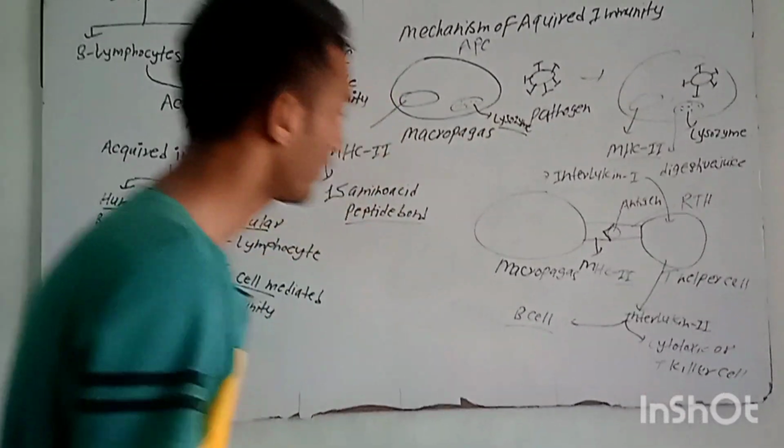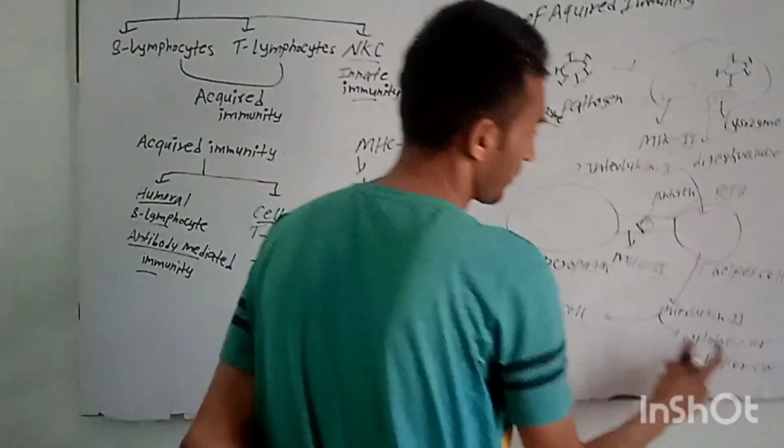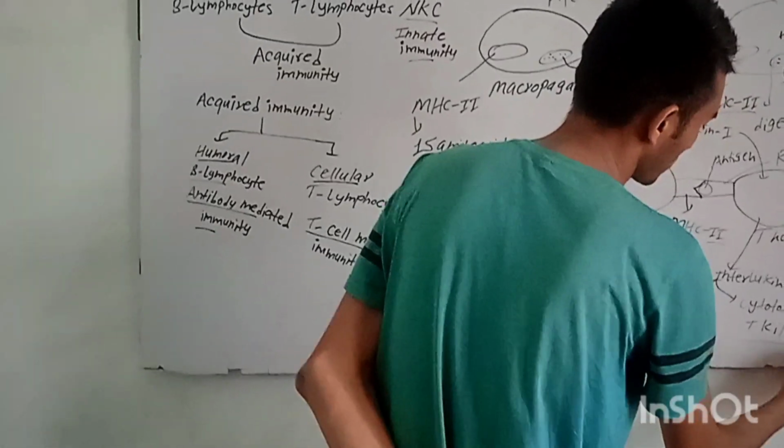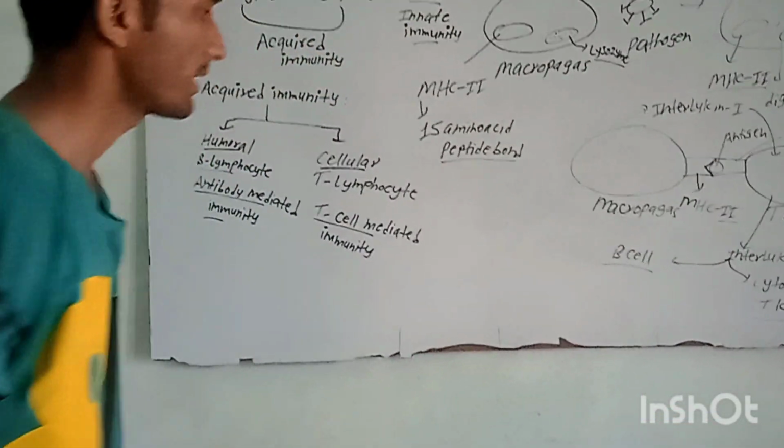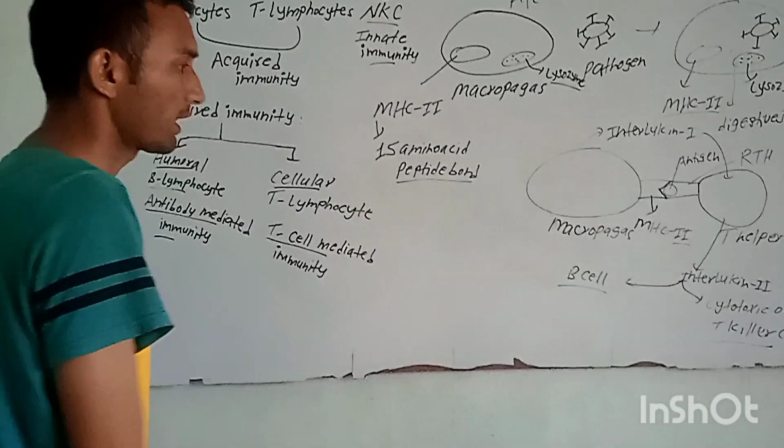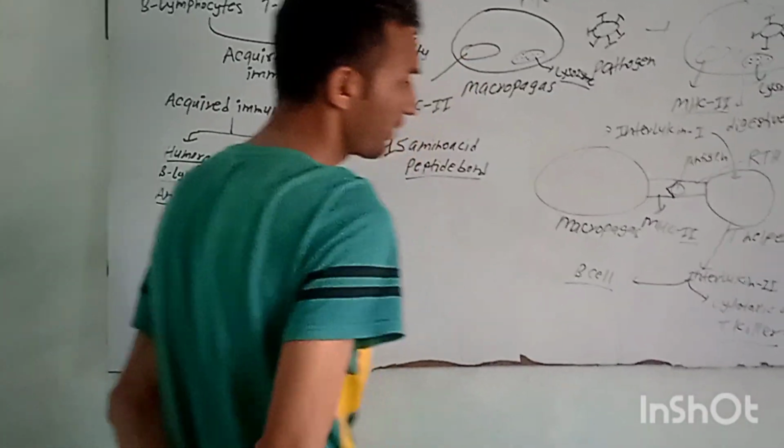The growth and development of B cells and cytotoxic T killer cells should be fast and increase in number, because they are involved in different mechanisms.